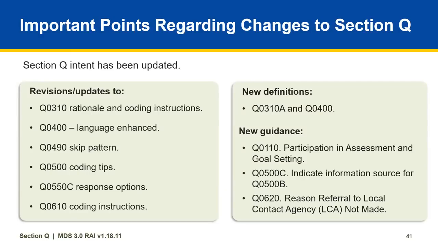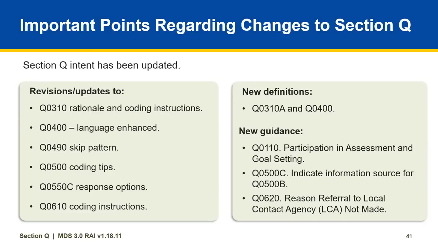Additionally, revisions and updates have been made to the Q0310 rationale and coding instructions, the language of Q0400, the Q0490 skip pattern, the coding tips in Q0500, the response options for Q0550C, and the coding instructions for Q0610. New definitions have been added in Q0310A and Q0400.